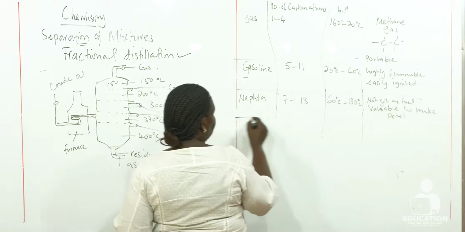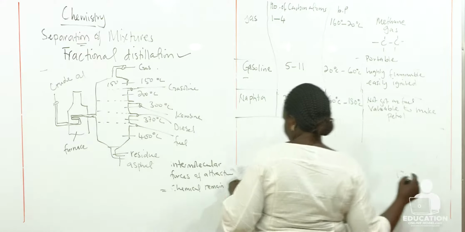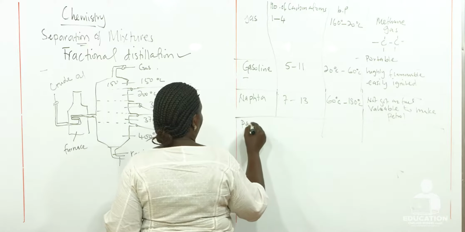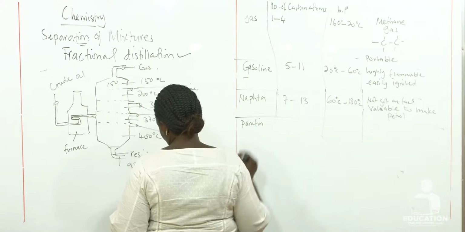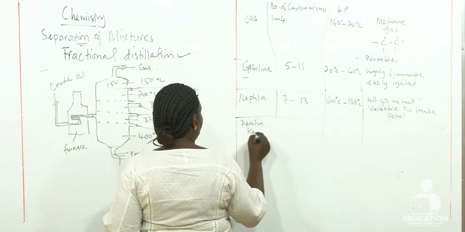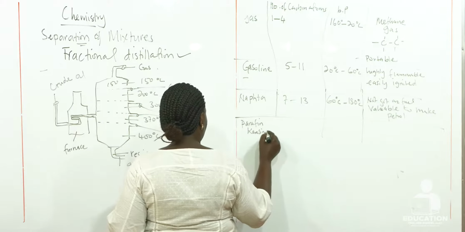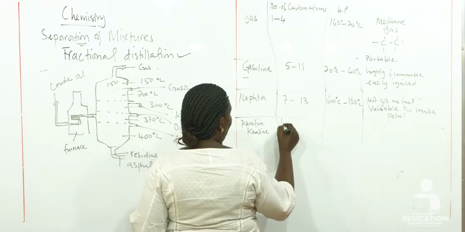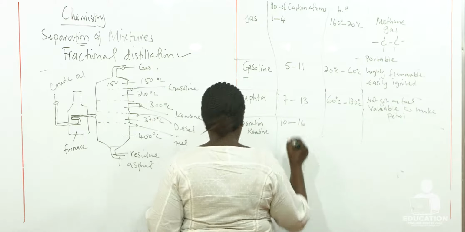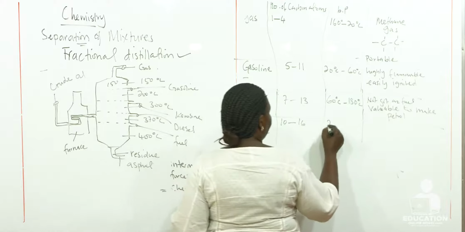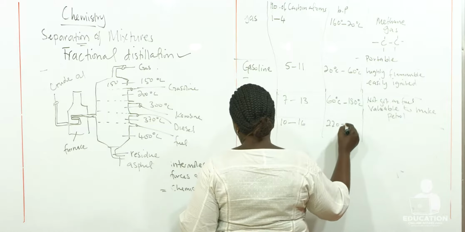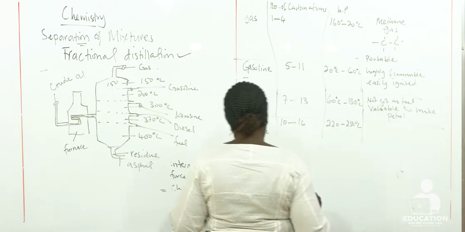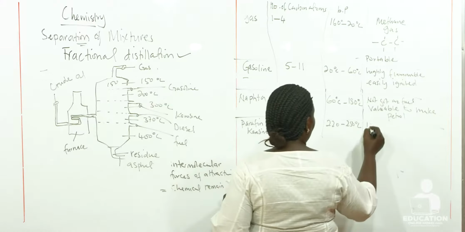Then we have kerosene or paraffin. The number of carbon atoms ranges between 10 to 16. The temperature range is between 220 to 250 degrees Celsius. It is not easily evaporated.